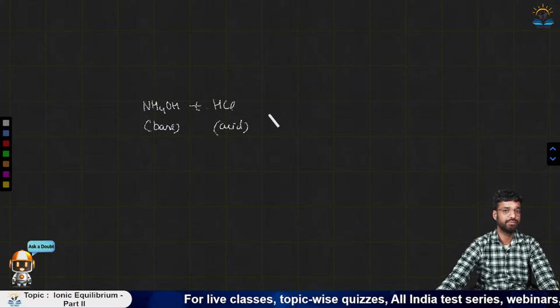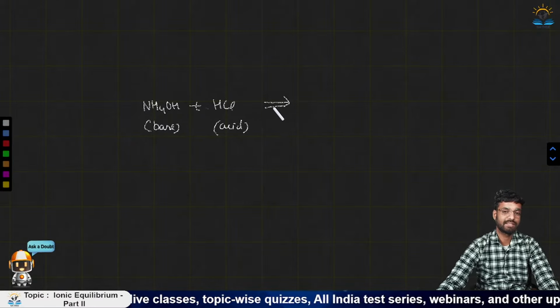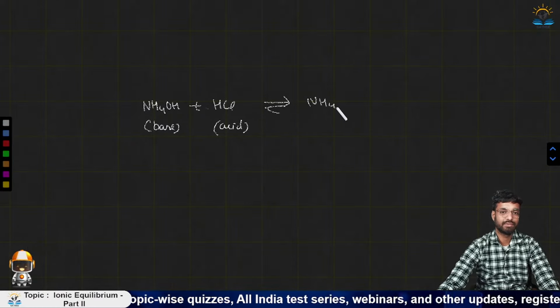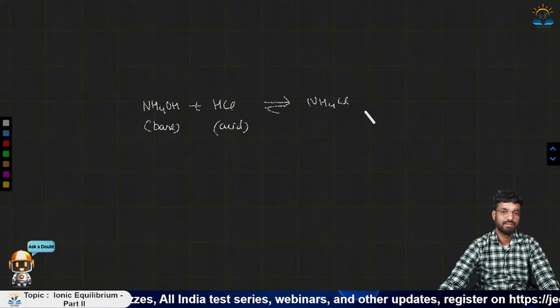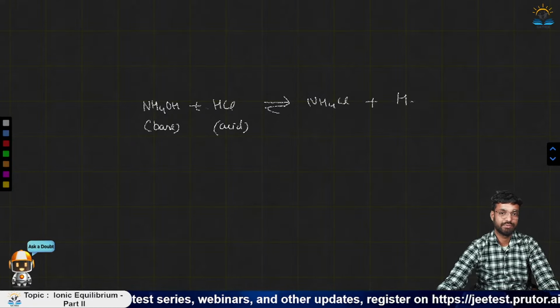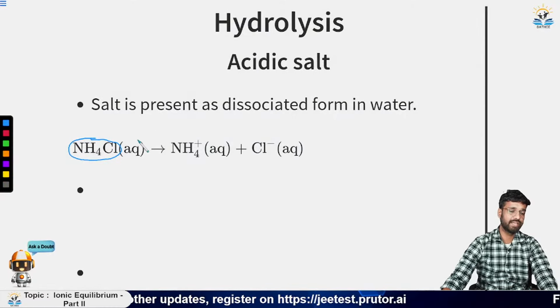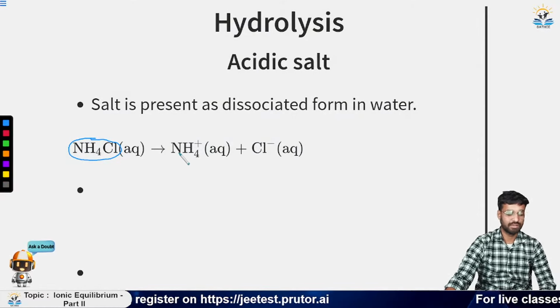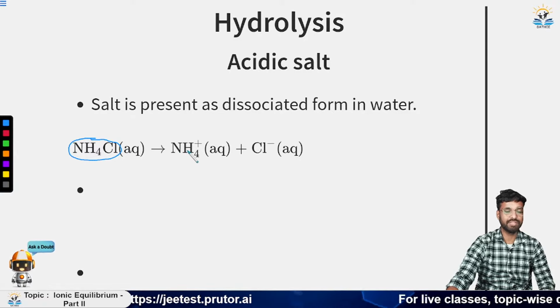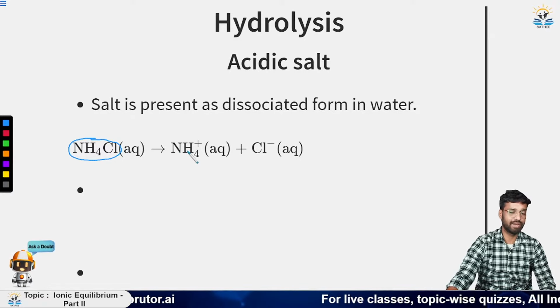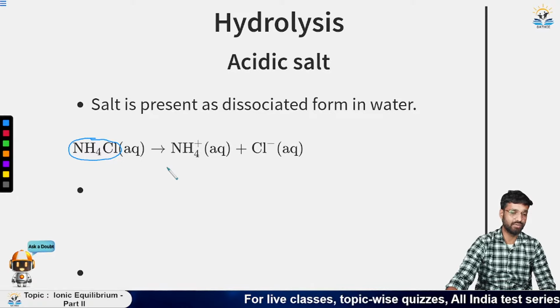We react these two to get NH4Cl and H2O. So we get this salt as NH4Cl. Now HCl and NH4OH have the same number of equivalents, that is N1V1 equals N2V2.